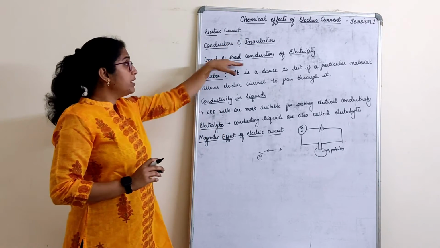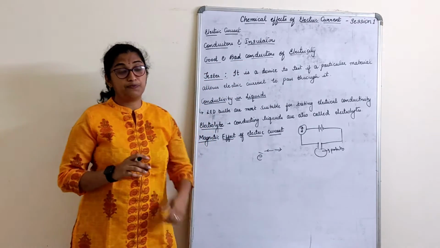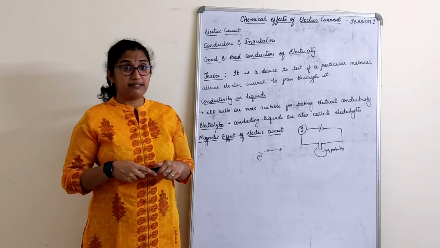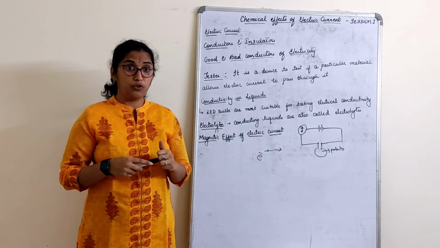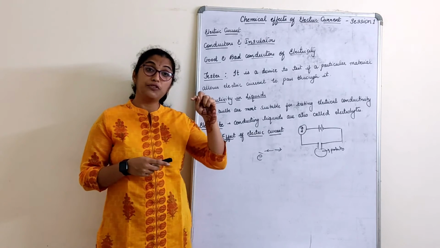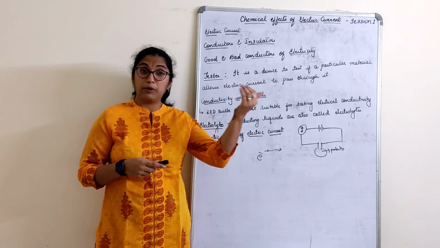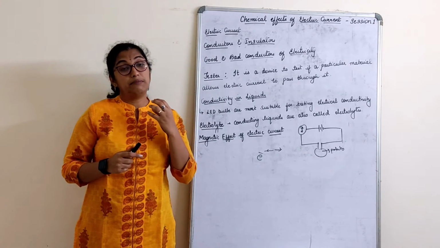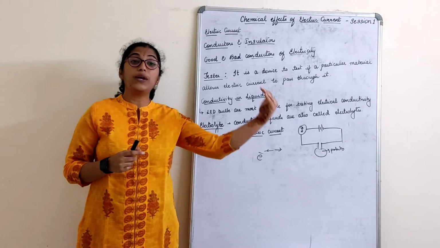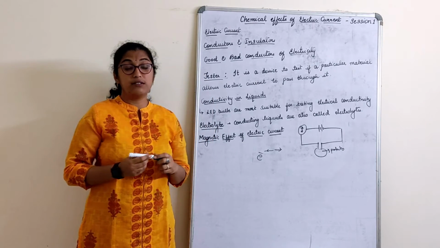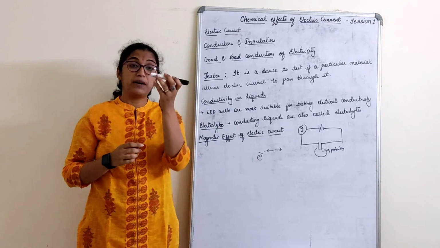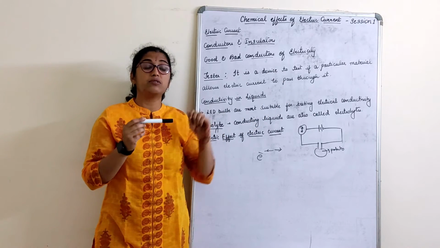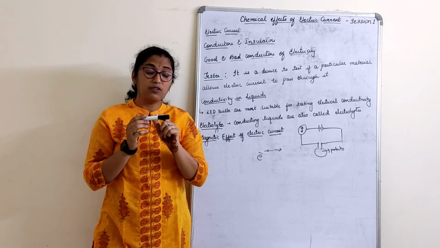The next is good and bad conductors of electricity. Substances which conduct electricity are called good conductors, I have told, right? We also have good conductors of heat and electricity both, but about heat we are not studying here. Good conductors of electricity are materials which allow electric current to flow through them. Suppose I have this pen, and I pass electric current through it from here and connect it to some other source, electric current cannot flow through this.